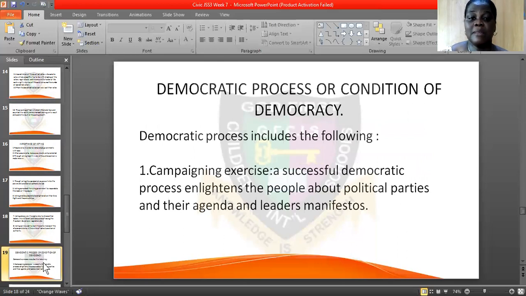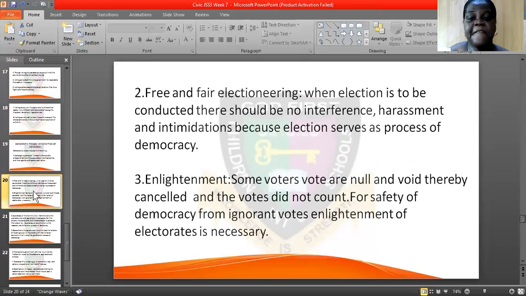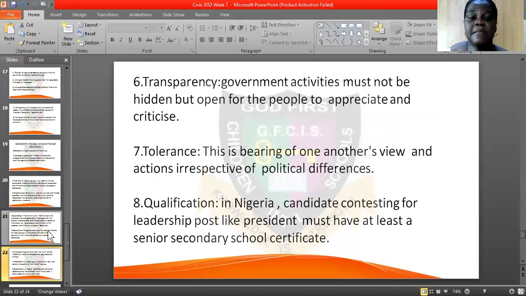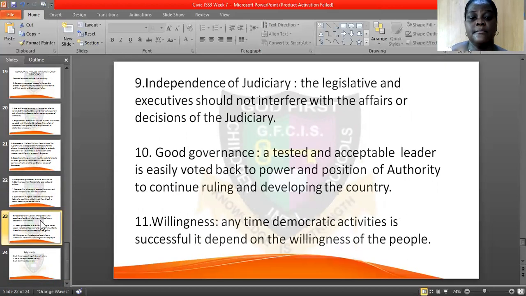And the democratic process includes campaigning, free and fair electioneering, enlightenment, then supremacy of the constitution, no law or rule is above the constitution, opposition is allowed, transparency is the key and order of the day, tolerance is also needed, which is the bearing of one another's view, irrespective of their differences, qualification, you must be qualified before you can be allowed to contest.